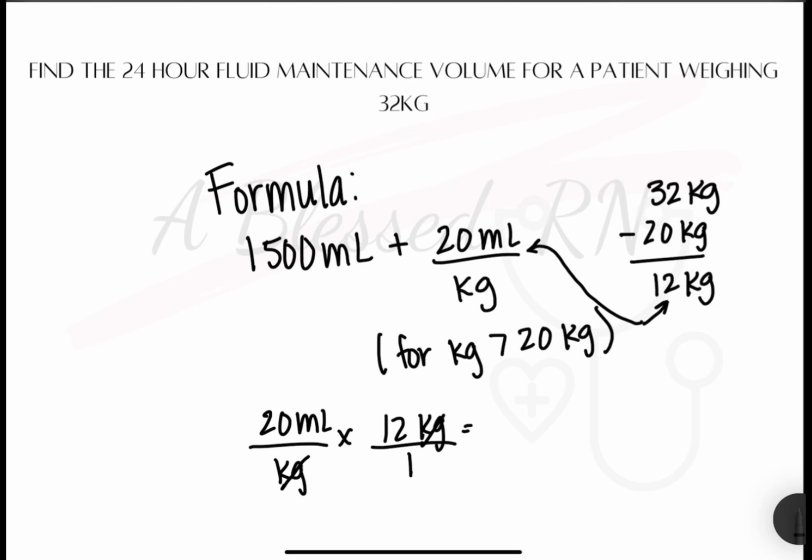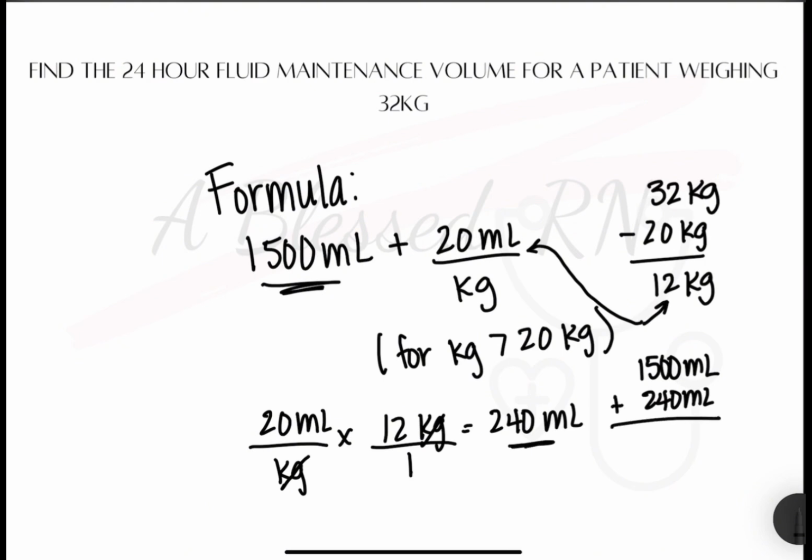So 20 times 12 is going to be 240 milliliters. Then you take your 1,500 from the other part of the formula and simply add them together. So 1,500 milliliters plus your 240 milliliters is going to equal 1,740 milliliters, and that is per 24-hour period.